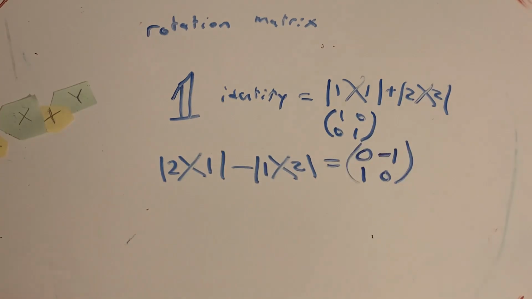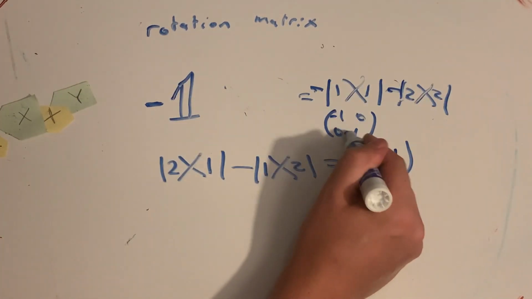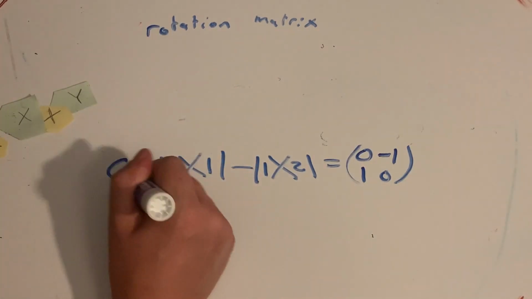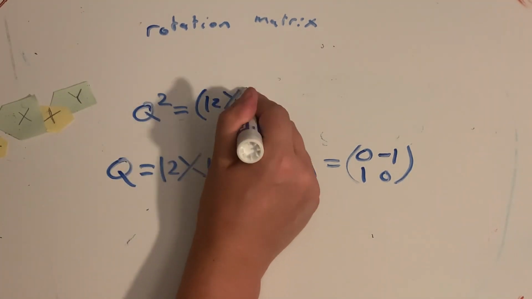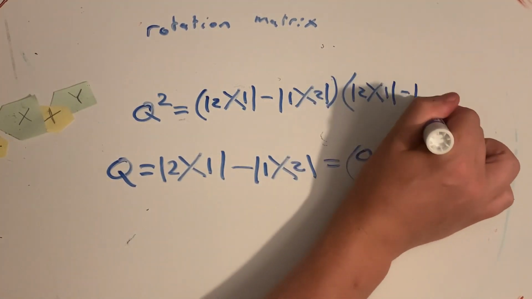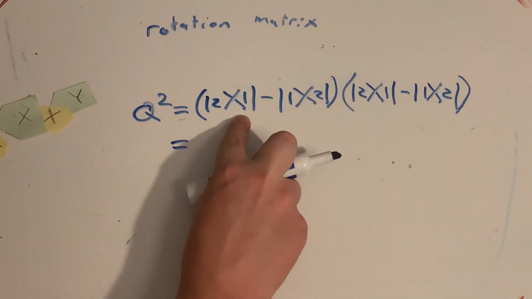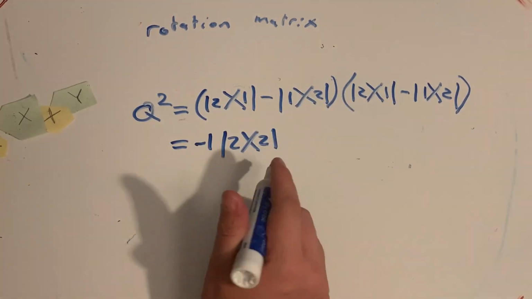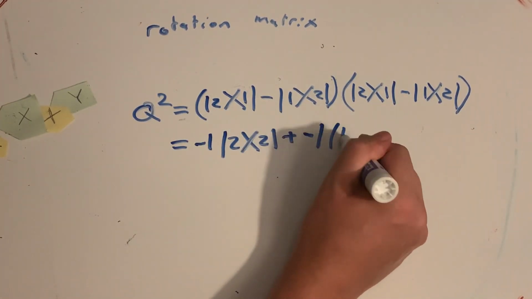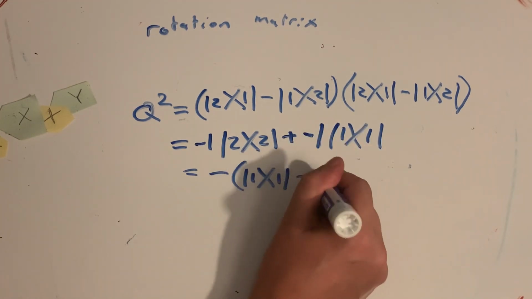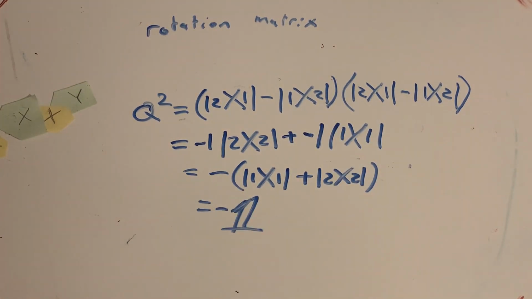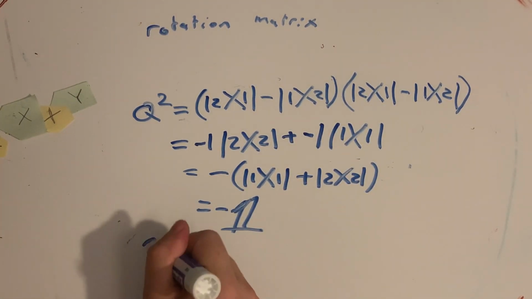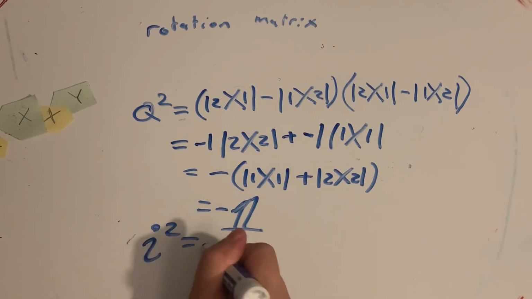So it takes 2 to 1 and minus signs that, and it takes 1 to 2. And we can also write this as a 0 minus 1, 1, 0 matrix like normal. But we're going to keep it in the algebraic form and just do the rules and show that we're going to get negative of the identity matrix, which I'm using as this kind of 1.